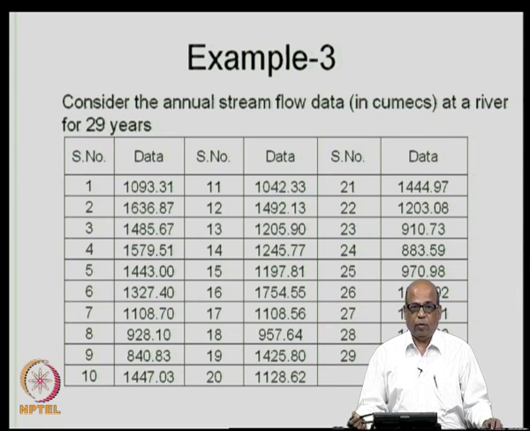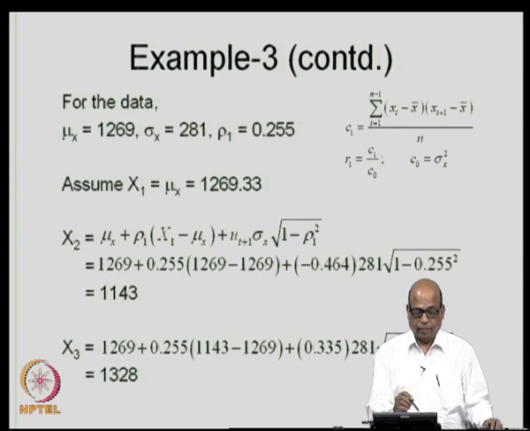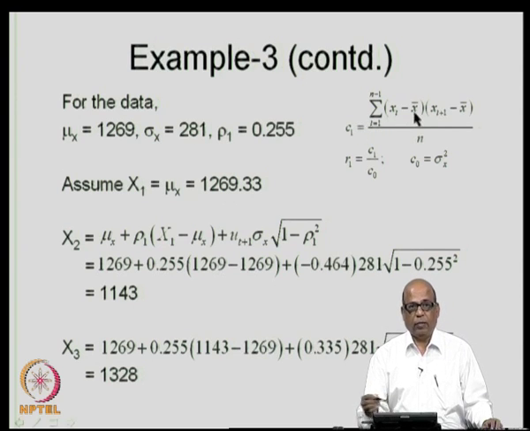To do that, what are the first steps? First is to estimate the mean, standard deviation and lag 1 correlation for this. So, mean is estimated as 1269, sigma x is 281 and the lag 1 correlation is got by the covariance of x t with x t plus 1 and the variance itself.